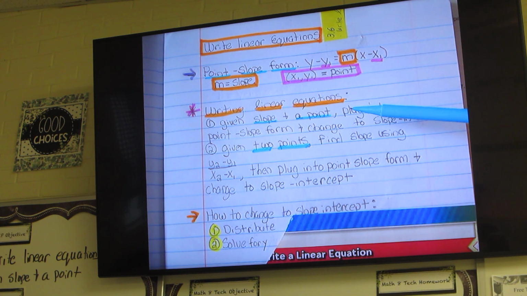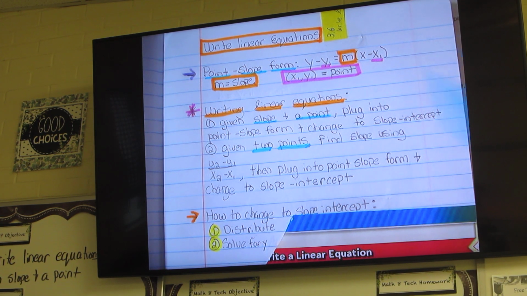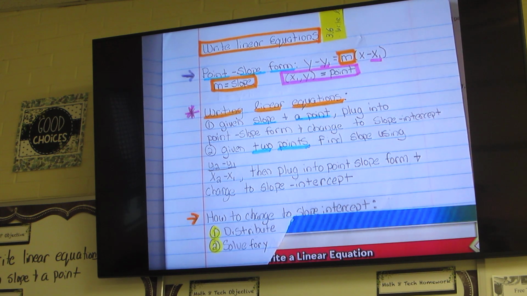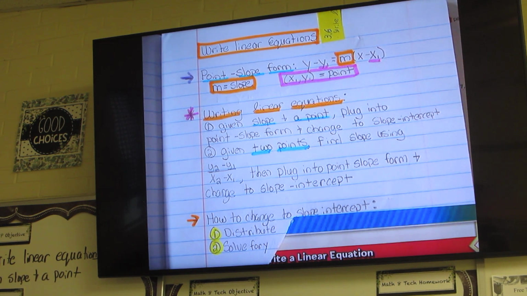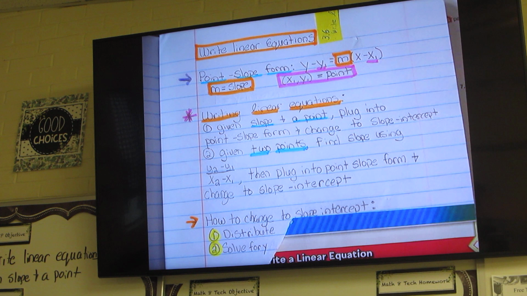What is so good about point slope form is that when we're given certain information, it helps us get an equation into slope intercept form. So I've given the steps here based on what you're given, and the steps of how, once you plug things in, to change it over to slope intercept form. I'm going to show you a couple of equations showing each of these steps, so feel free to pause and read more into that.